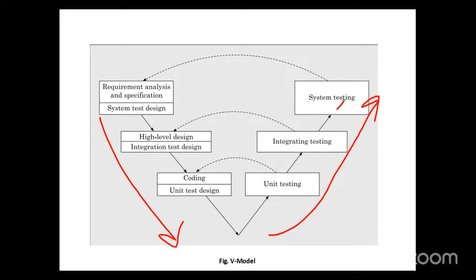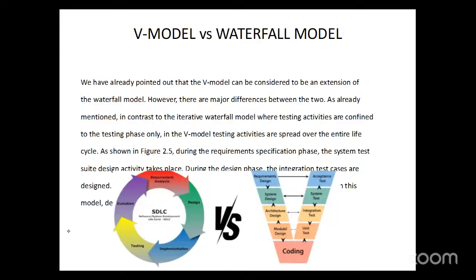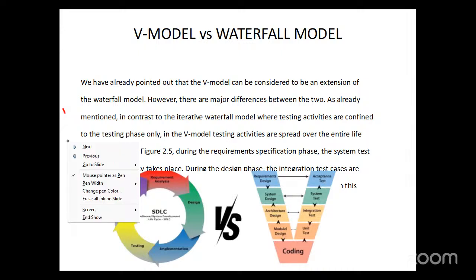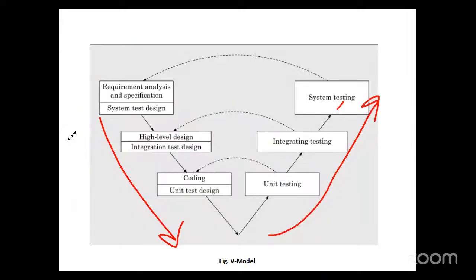Okay. So this diagram also you can copy. Once it is done, we can go for the V model versus waterfall model, and then if possible, we can close our session for today. So just copy the diagram of the V model.